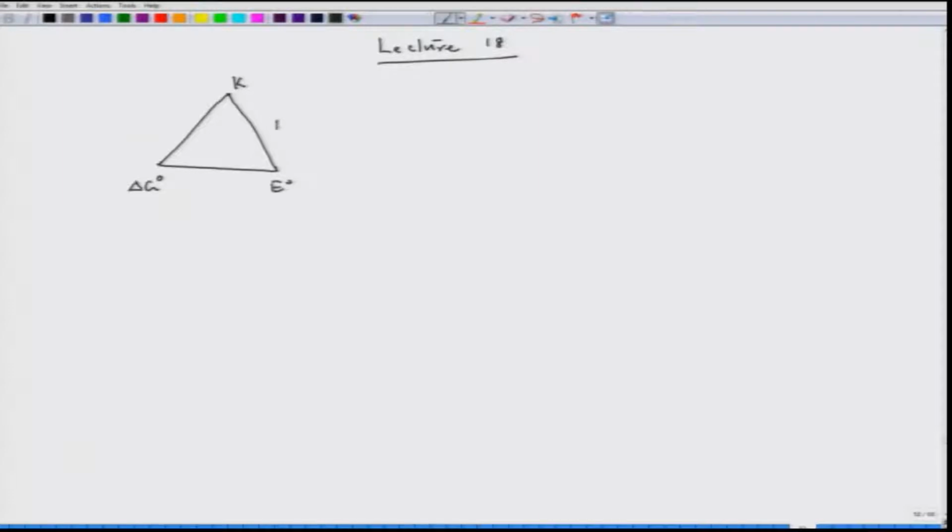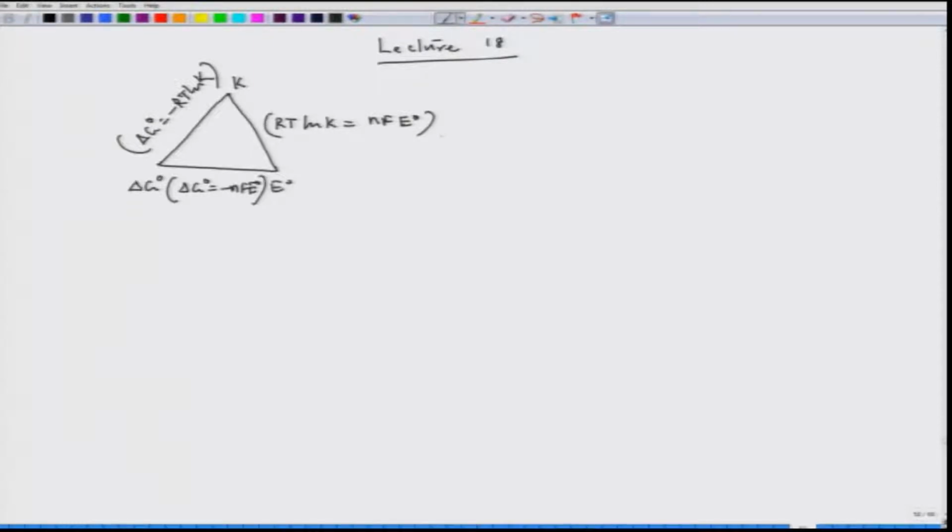The relations between them are: ln K equals nF E0 over RT, delta G0 equals minus RT ln K, and delta G0 equals minus nF E0. These are the relations between them.